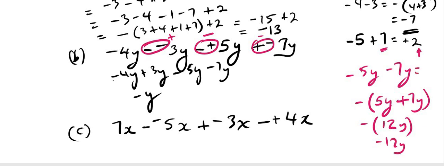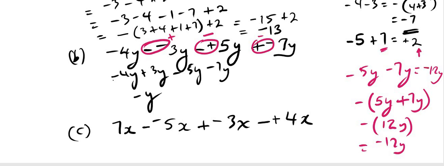So how could we have gotten negative 12y looking at this? Same sign, so you do what? Add. So 5 plus 7 is 12y. And what do we do with the sign? Well, the answer is negative 12y. We have negative 5, negative 7, so how do we end up in negative 12?